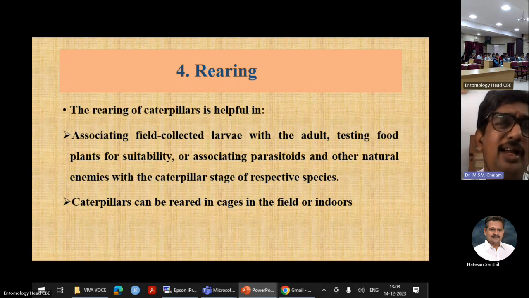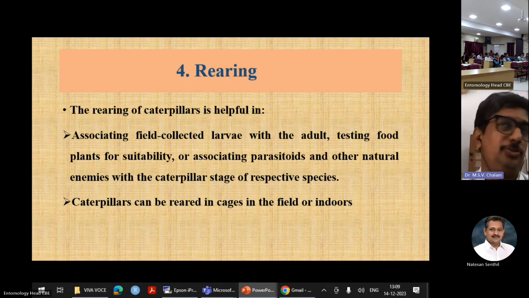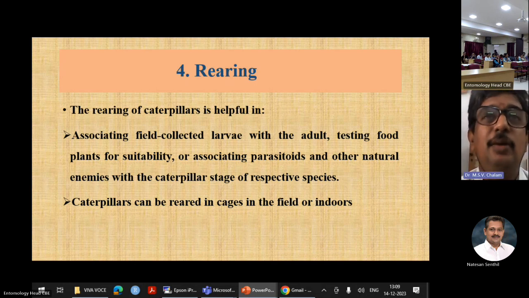But if you rely heavily on the larva, and if you do not study the adult character, sometimes because of color variation or color morphs, your identification may go wrong. Therefore, a perfect chaetotaxy study involves rearing the larva in the laboratory, obtaining the adults, sexing the adults, mating the adults, and then conducting the chaetotaxy studies on the progeny.